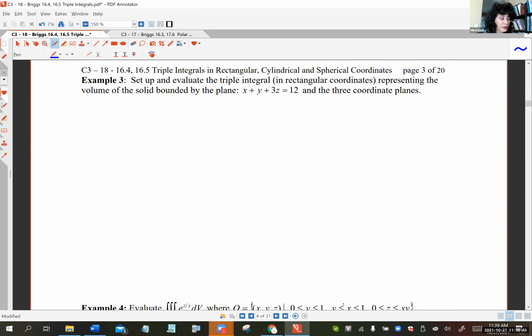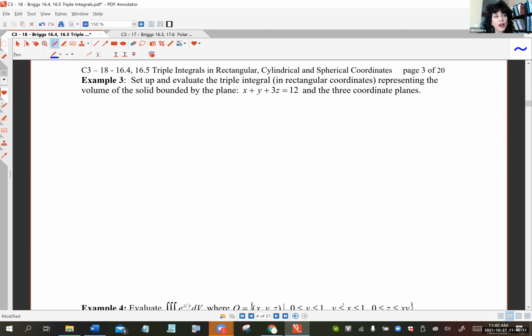This one was similar to what was on your quiz this week, although it may have looked trickier because your quiz had a plane that had fractions in it. It's still a plane equation. And instead of using a double integral to set up a volume like you did on that quiz, we're going to use a triple integral. But you'll see the way the double integral one looks soon, so keep your eye out for that.